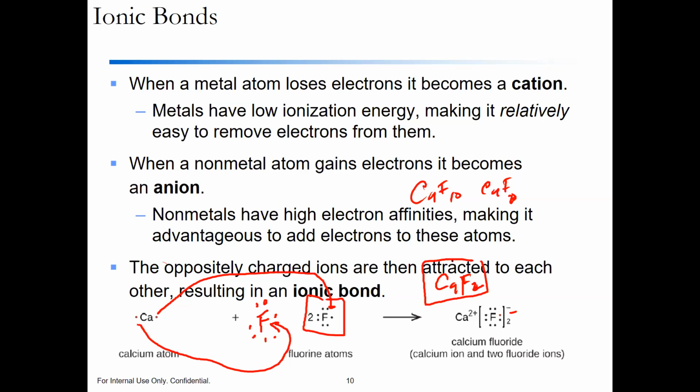Every time we mix them together, we get CaF2. We don't get CaF10 or CaF20 or CaF, we always get this one. And what type of model or theory can we use to predict CaF2? Because calcium wants to lose 2 electrons, fluorine wants to gain 1 electron.